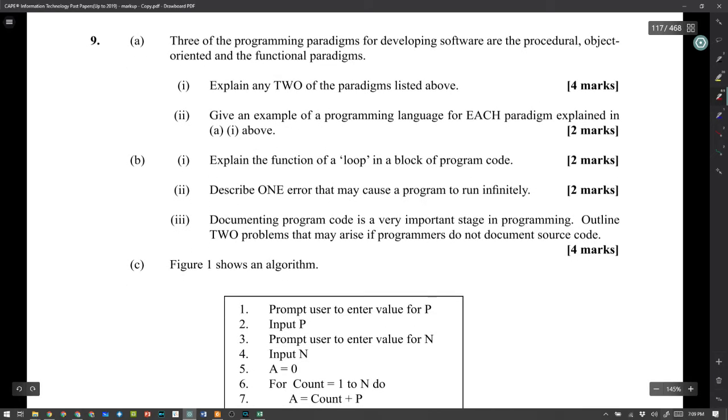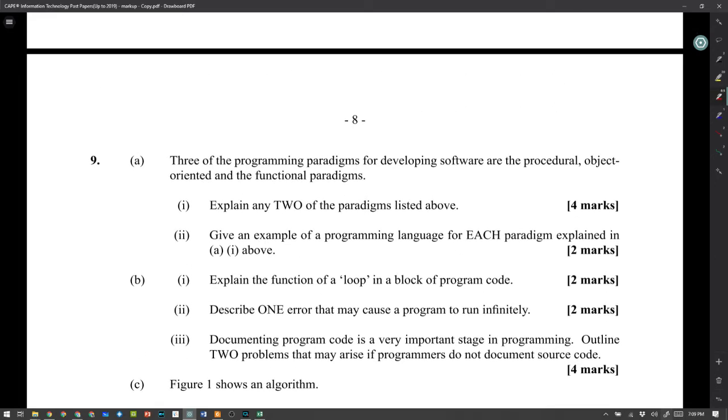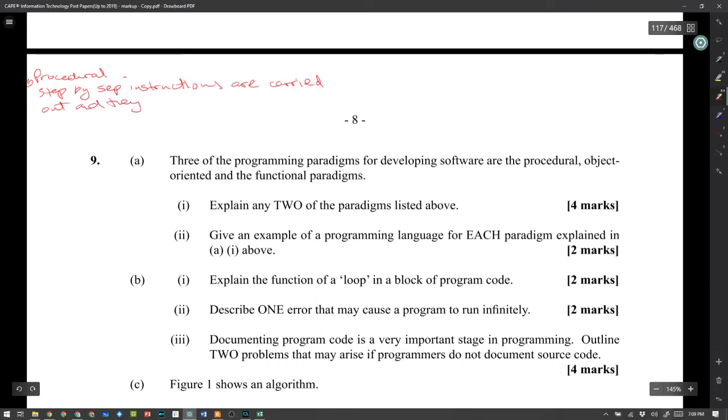Three of the programming paradigms for developing software are procedural, object-oriented, and functional. Explain any 2 of the paradigms listed above. Procedural is step-by-step instructions that are carried out, and they are used in common tasks that repeat regularly.